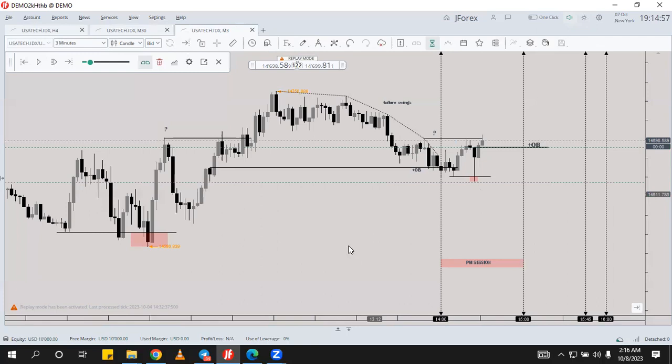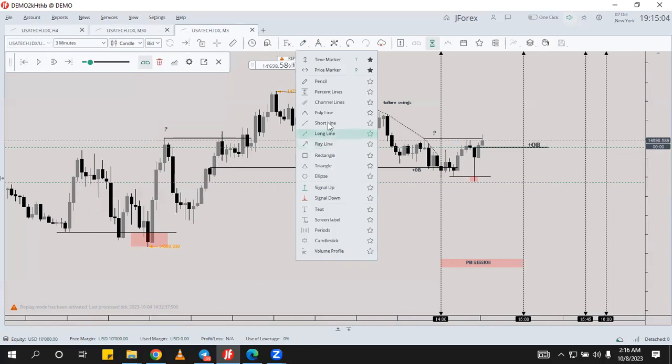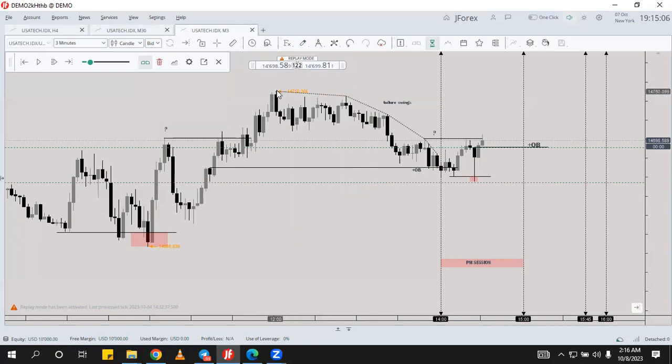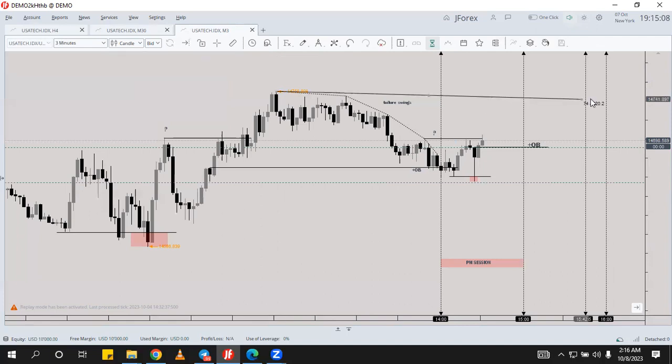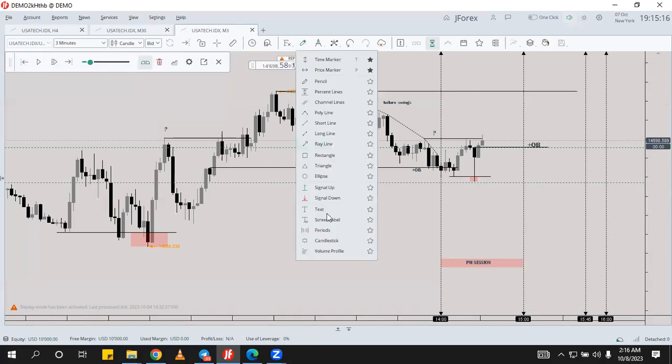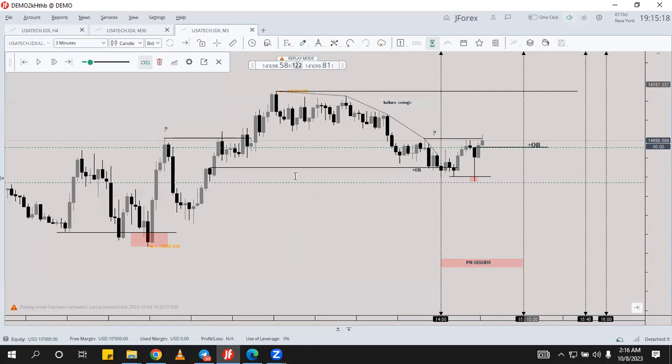So now, what is my target? That is a question that someone could ask. So right above here, we have what we call buy stops. Right above here, that is our most immediate target, and that is where you should place your fast take profit objective.